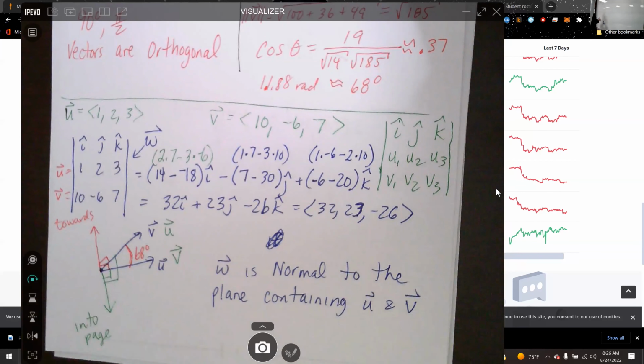And then with doing 2 by 2 matrices, you multiply this, multiply this, multiply this. That gives you the 14 minus the negative 18 I. This gives you the 7 minus 30 J hat. This gives you the negative 6 plus 20.